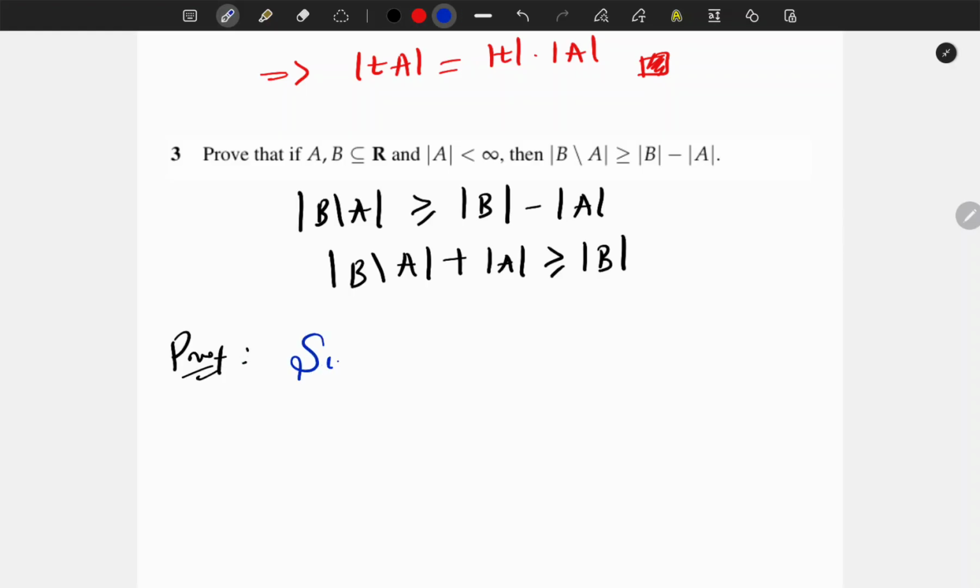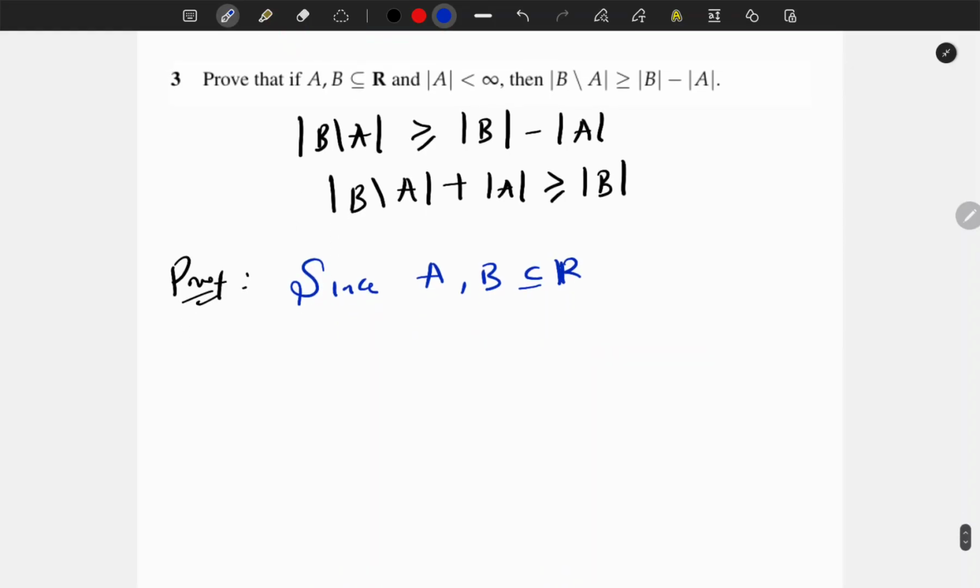Since A, B are subsets of R, note that B is a subset of A union (B take away A).